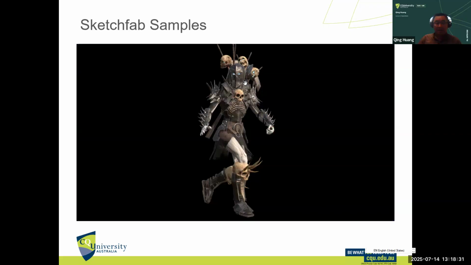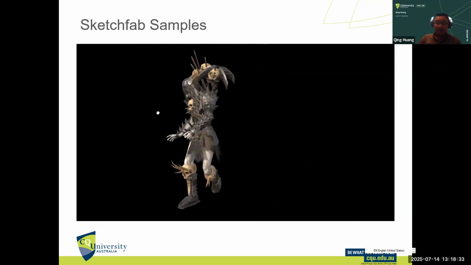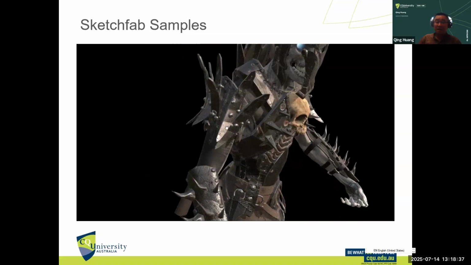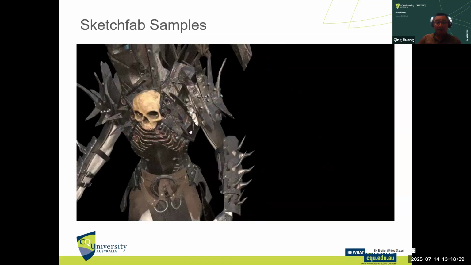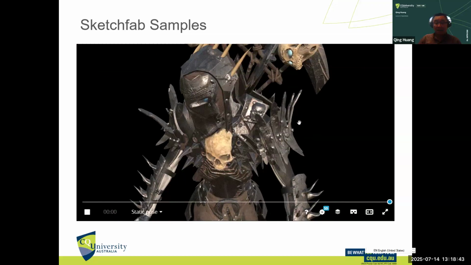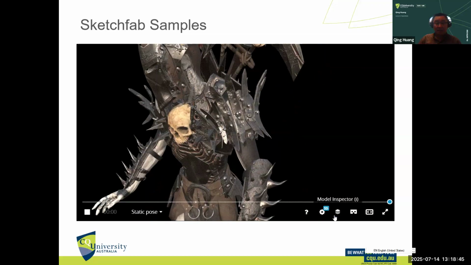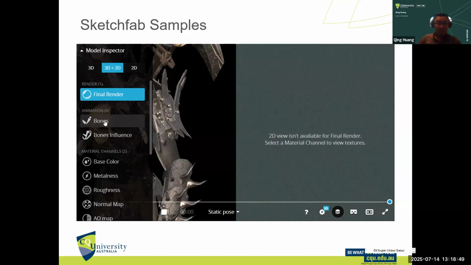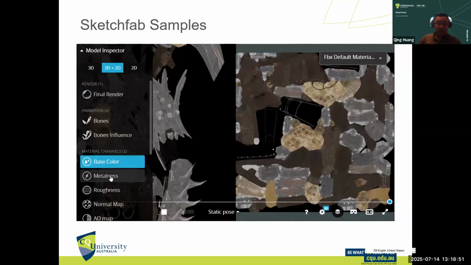And some are very realistic, as you can see, very rich in terms of accessories, and quite detailed in terms of surface quality, the richness of the surface. All right.